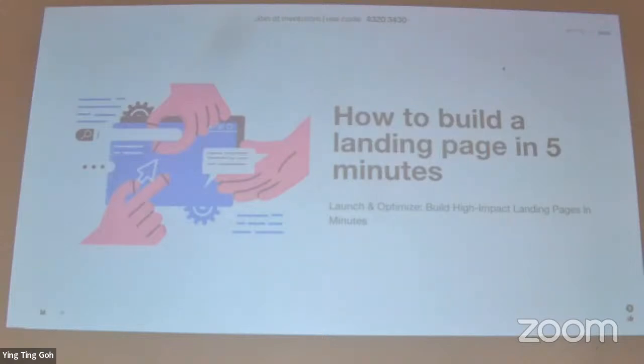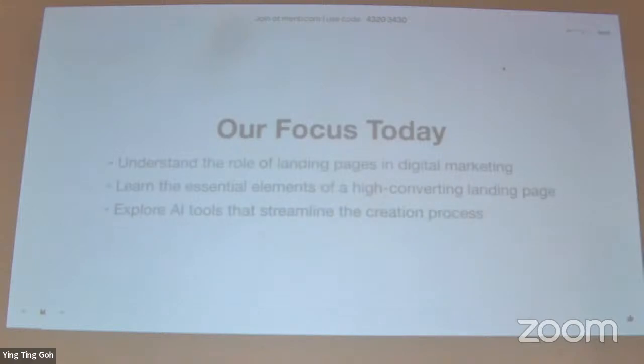Okay, amazing. We've got quite a few people who have joined us. Let's keep moving forward. Our focus for today is really to understand the role of landing pages in digital marketing. We'll clarify that a little bit first, and then we'll learn what are the elements of a high converting landing page and how you set it up for success. Once we know all of the building blocks, we're going to go into AI tools to see how they can streamline some of the creation processes.